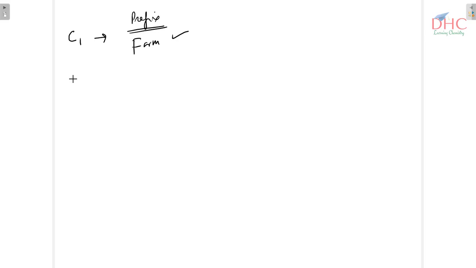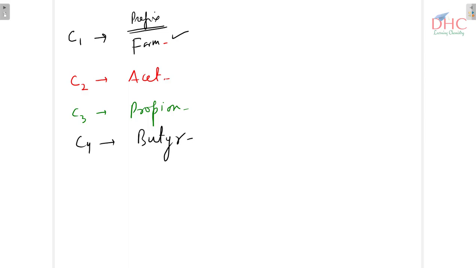If we have 2 carbons, then we have acet as the prefix. Then if we have for example 3 carbons, then you have propion, in common naming. Then if we have 4 carbons, you have butyr as the prefix.